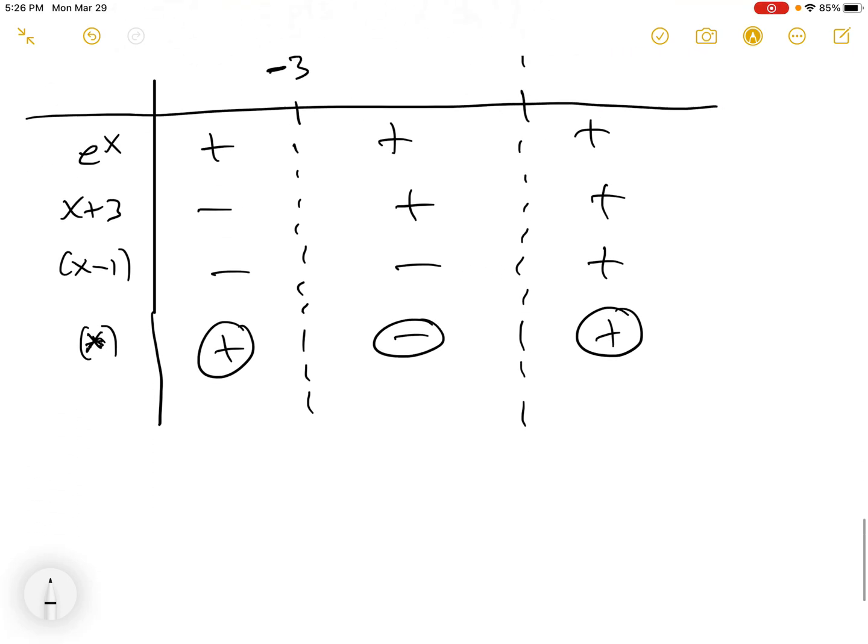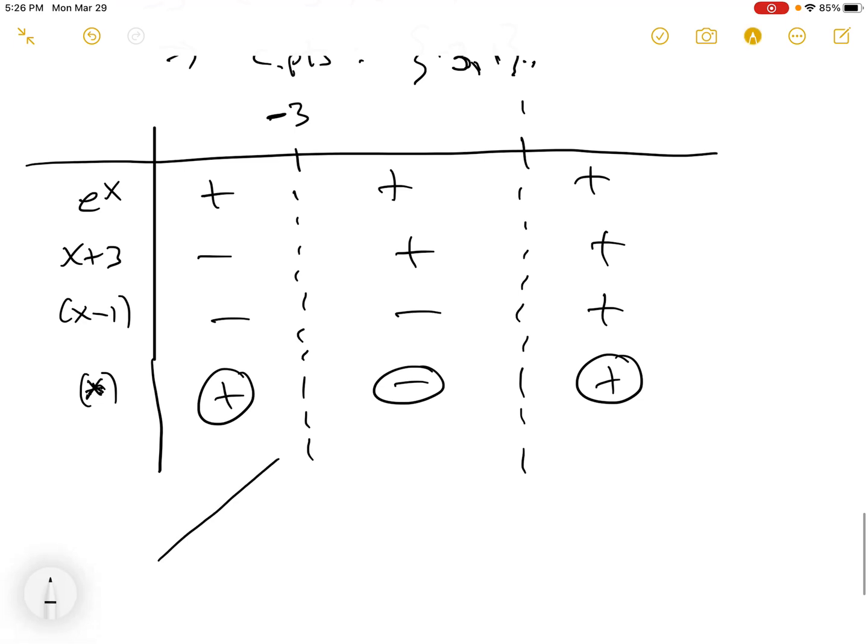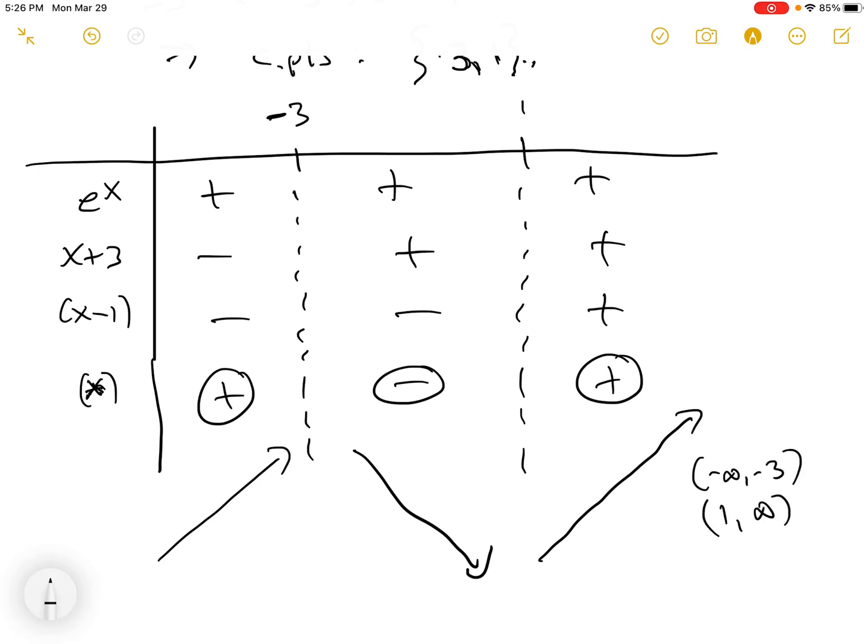Okay, so let's do the whole thing here. There's an interval of increasing. There's an interval of decreasing. And there's an interval of increasing. So we increase on minus infinity to -3 and 1 to infinity, and decrease on -3 to 1. All right, let's find these points.